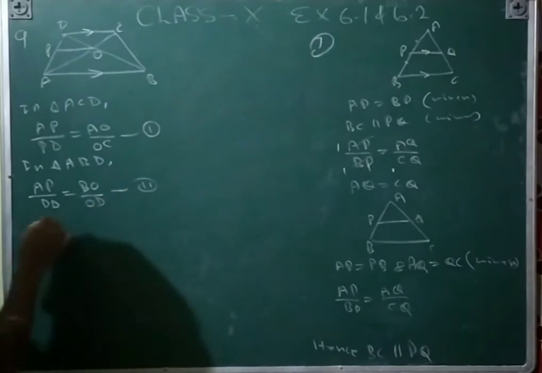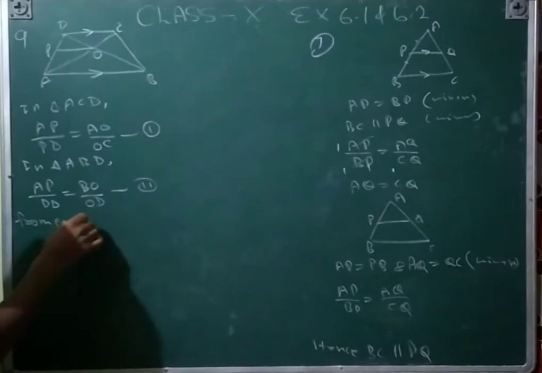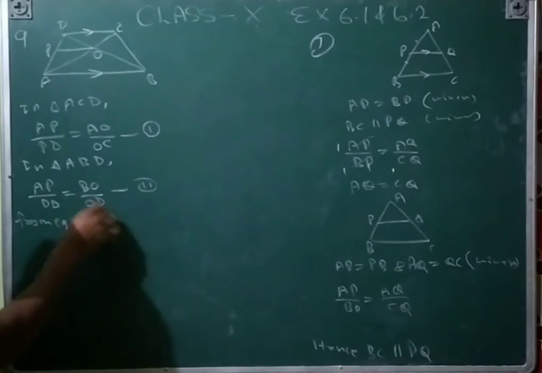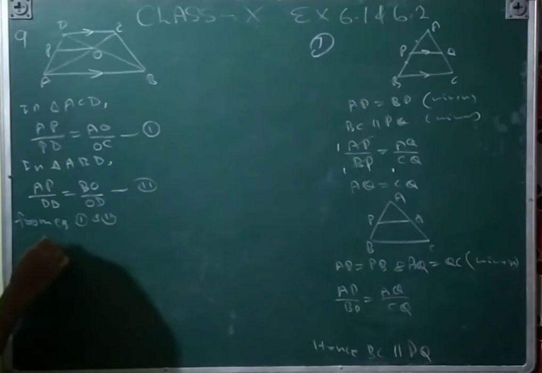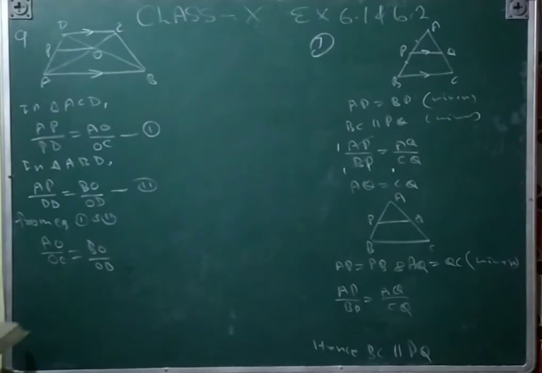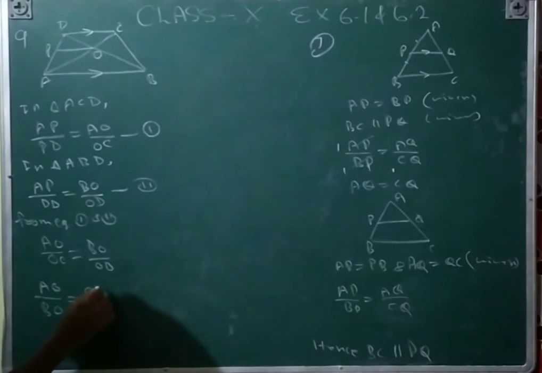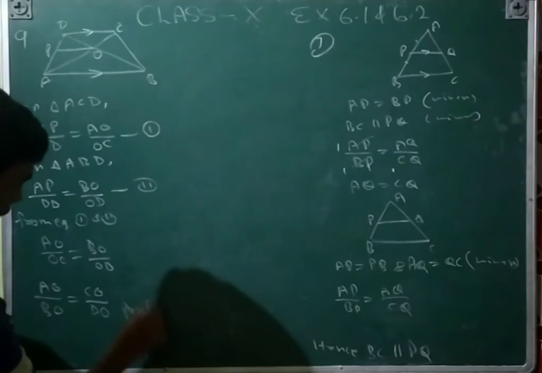Second equation. From equation first and second, this is cancelled. So AO upon OC is equal to BO upon OD. But we need to prove that AO upon BO, by cross multiply, AO upon BO is equal to CO upon DO. Proved.